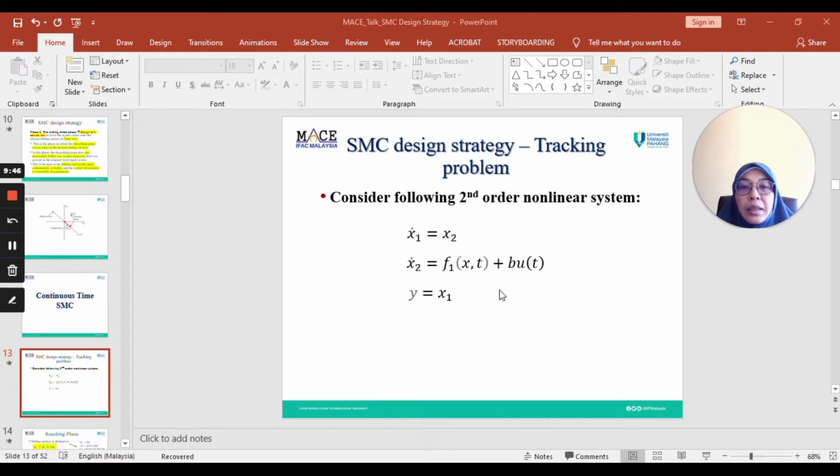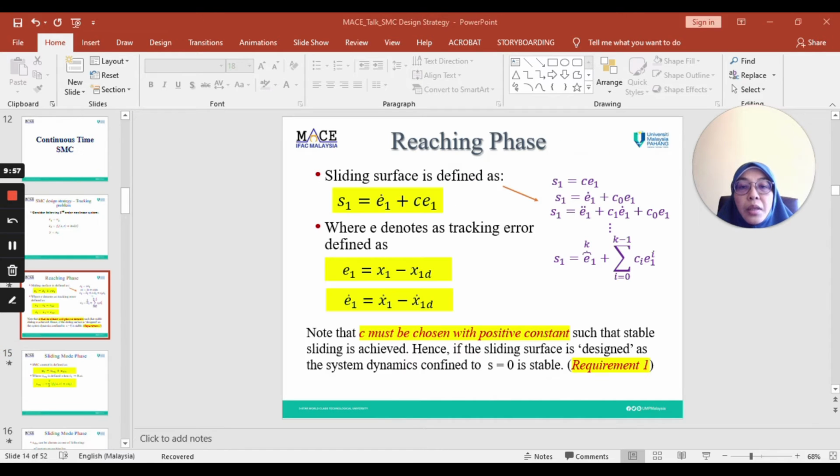So this is a second order nonlinear system given by this equation. It is already in controller canonical form. In the reaching phase, we design our surface.